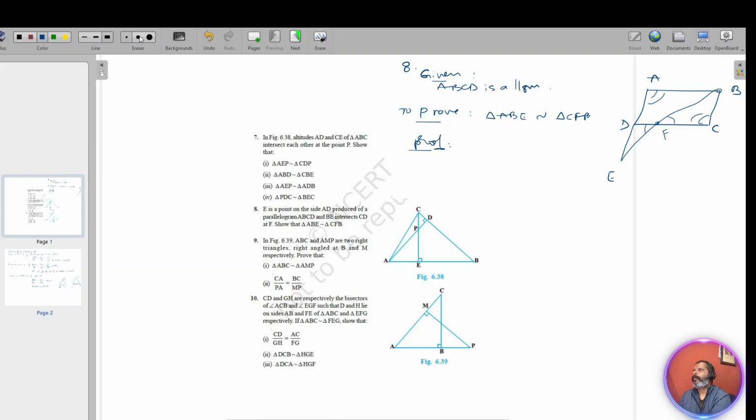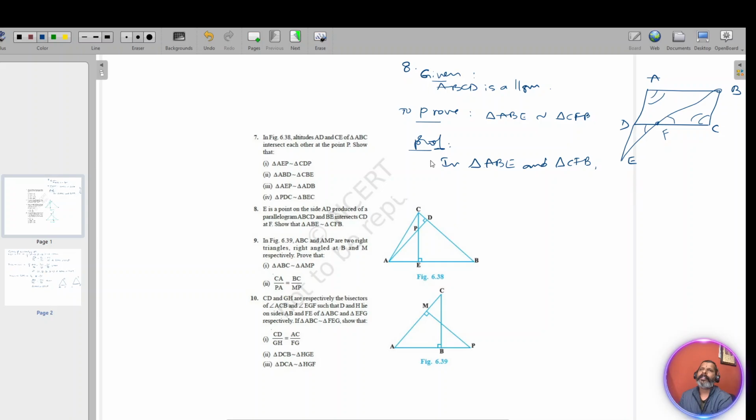E I'll write a little above so that I can use the space for writing. E here. Okay. Proof. Just take in triangle what is to be proved. You take ABE and triangle CFB. Don't panic here. It is a very easy concept in triangles. Only thing you should be able to identify the proper equal angles and apply the similarity criteria.